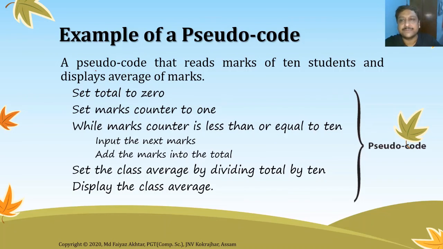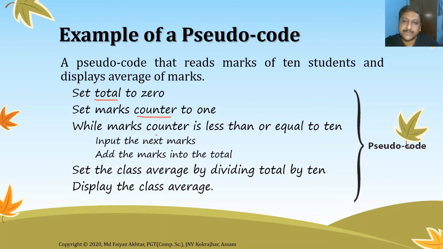See the example of pseudocode. Here is an example pseudocode that reads the marks of 10 students and displays the average of marks. Set total to 0. We have taken a total variable as 0. Then set marks counter to 1.